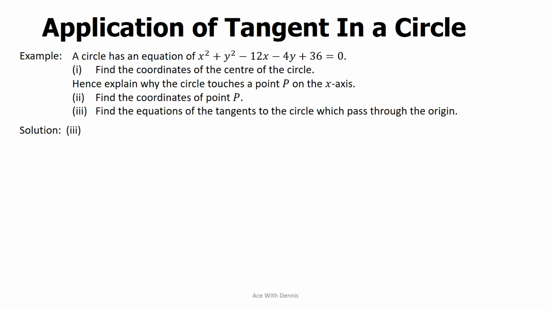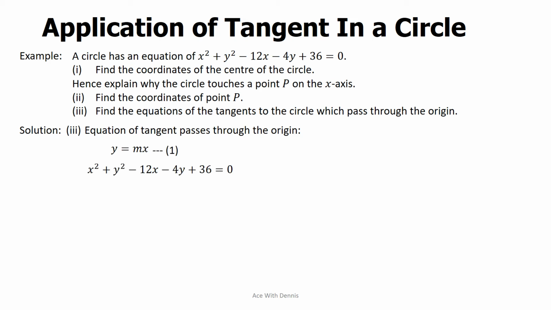So this is the solution number 3. To find the equation of tangents to the circle which pass through the origin. So the equation of the tangent passing through the origin will be y = mx because the origin coordinates are (0, 0). So this is my first equation. And the equation of the circle given is x² + y² - 12x - 4y + 36 = 0. This is the second equation.